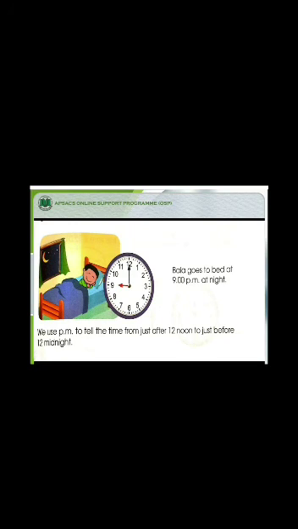We use PM to tell the time from just after 12 noon to just before 12 midnight. Bala goes to bed at 9 at night. So here the time is 9 PM.